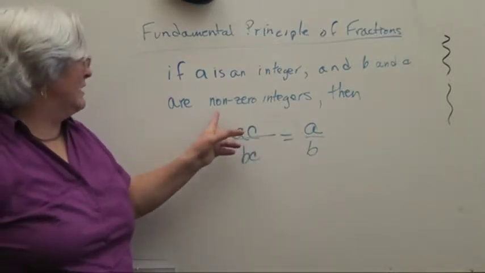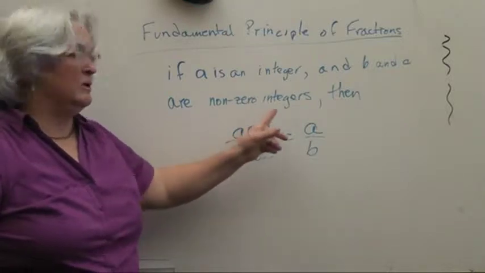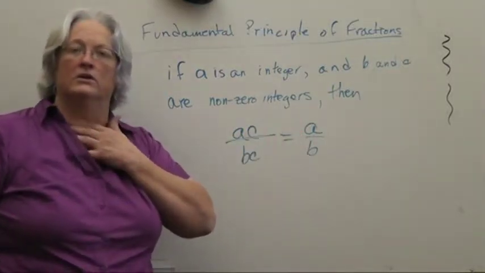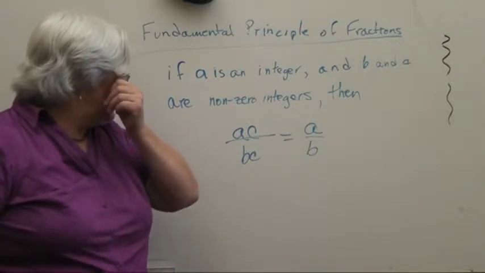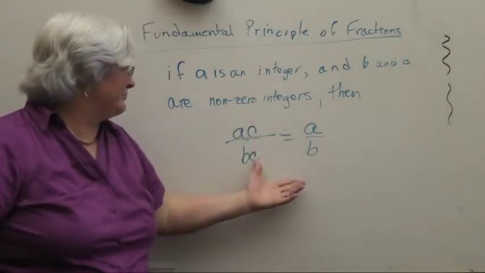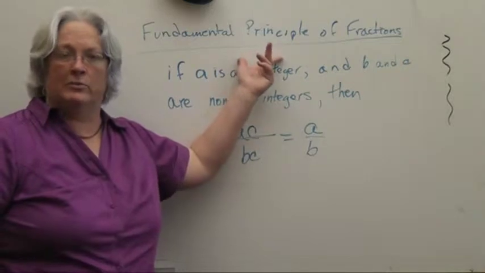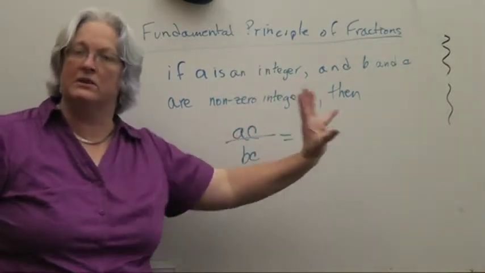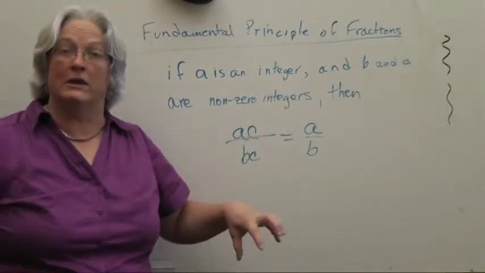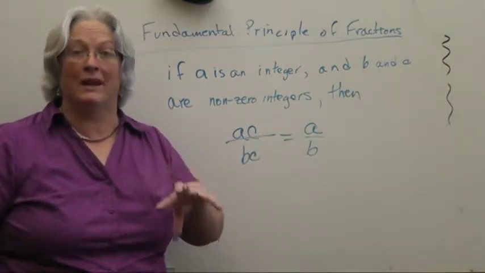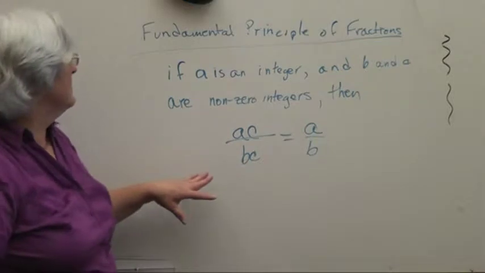Actually, a non-zero integer is the whole set of integers except for 0. And they pull that 0 out of the mix because we learned that you cannot divide by 0.